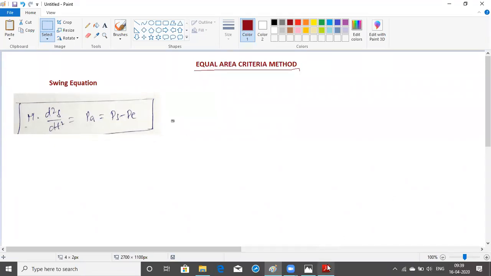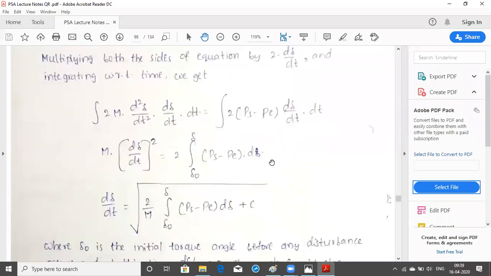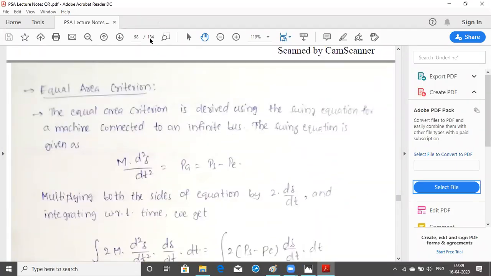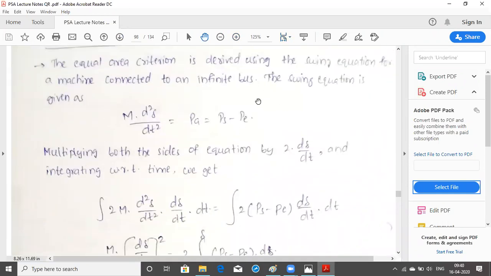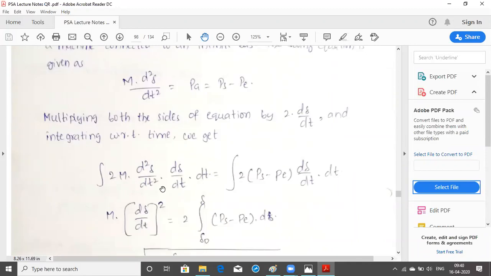So in this swing equation, just by using it, we are multiplying 2 d delta by dt on both sides. When you multiply 2 d delta by dt on both sides and simplify, see here: integration of 2 d delta by dt times M d squared delta by dt squared dt is equal to integration of 2 (Ps minus Pe) times d delta by dt dt.